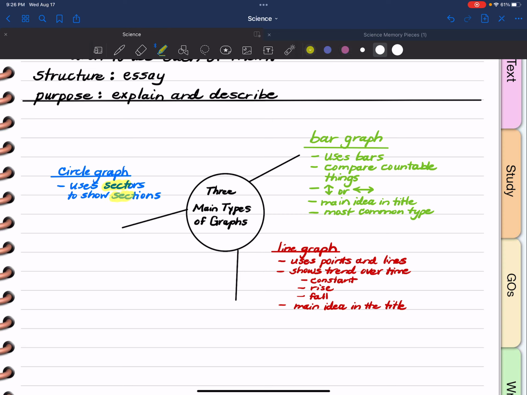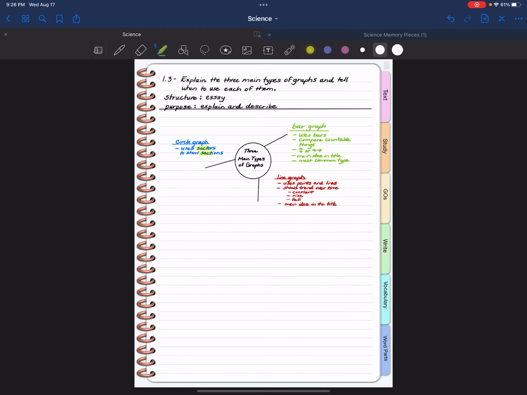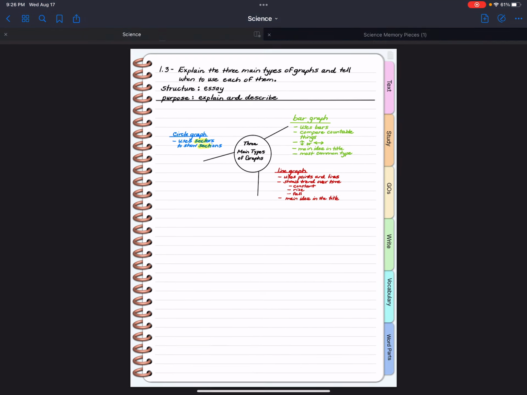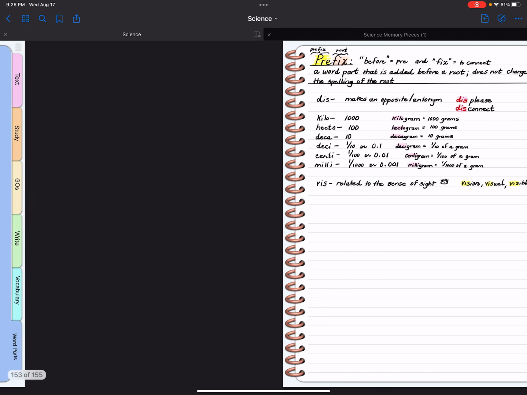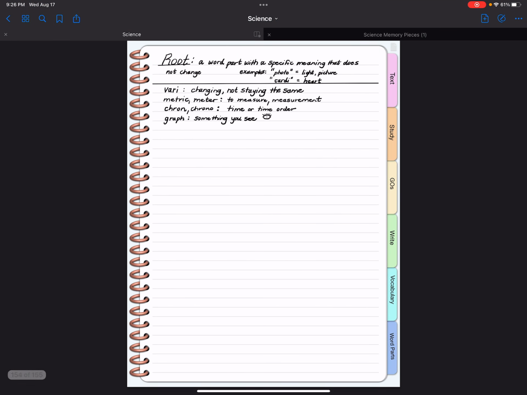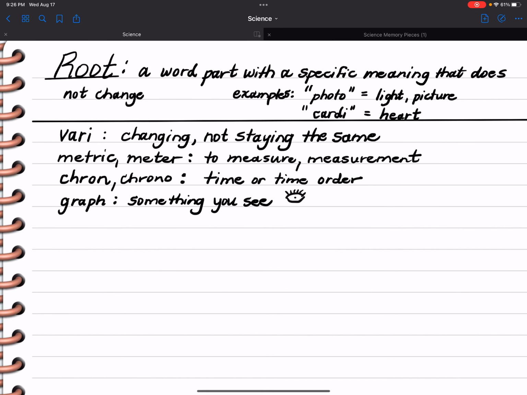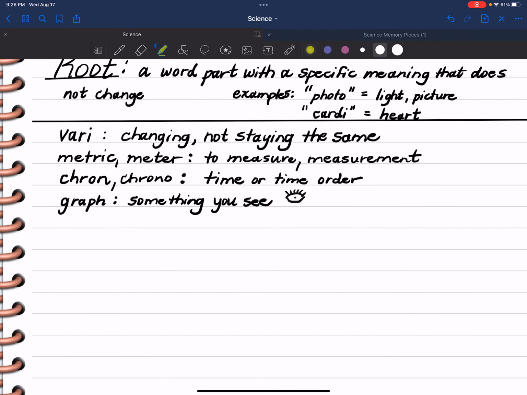Sect. Sect. So let me stop what I'm doing there. Let's go to our word part section. Over to roots. And add this one in. Sect. I'll keep that with black ink.